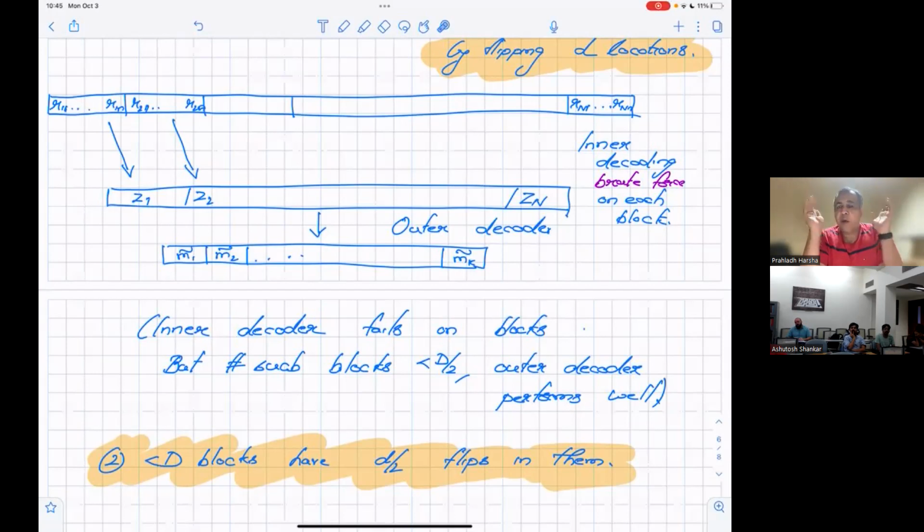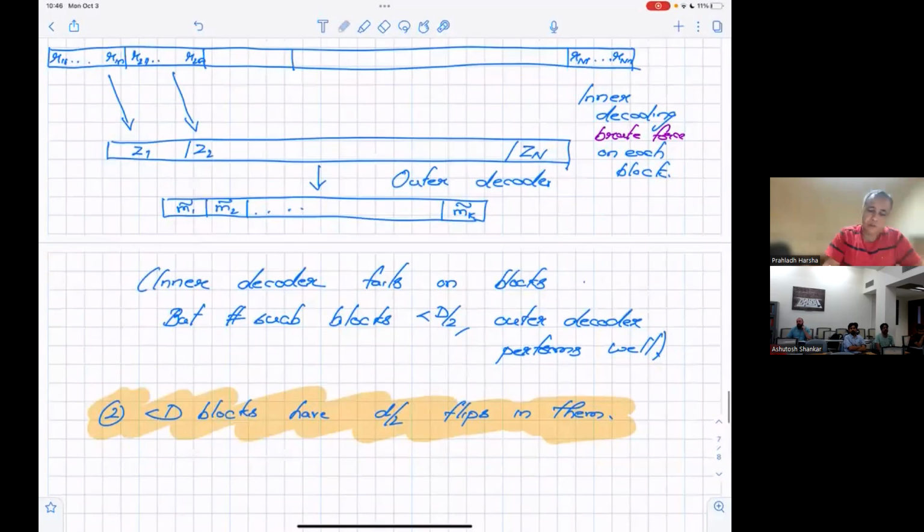And so the outer decoder just erases these capital D minus 1 blocks completely, and then says, I will now try to recover from it. On the remaining, it knows it's correct. On these, it's erasure decoding. It can recover perfectly. People with me?